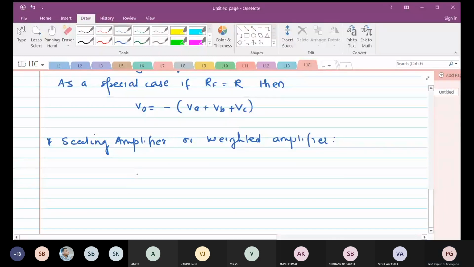And what do we get here? Simple. The output voltage will be exactly the same as whatever we have derived, except we'll be having different ratios for the different inputs. Same equation I am reproducing here, nothing different.